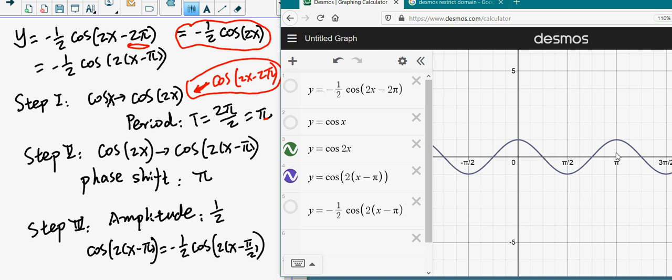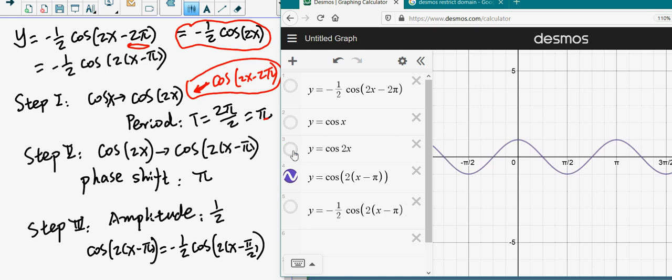So you shift it, then you got the same picture. That's from cosine 2x to cosine 2x minus pi. So phase shift is pi. Okay, so you get from cosine 2x to cosine 2 times quantity x minus pi. Those two are the same.